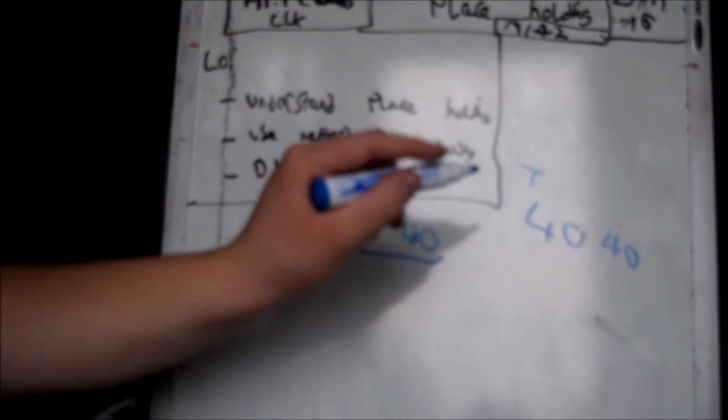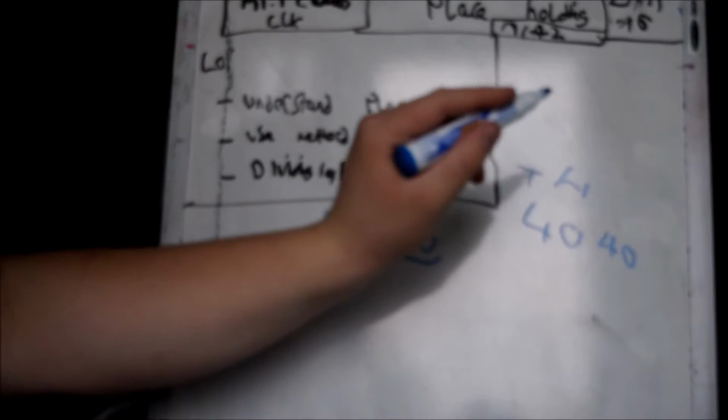You can put it like that, and then put thousands, hundreds, tens, and units. That could work for you, because it might be a bit easier for you to just put it on the top.